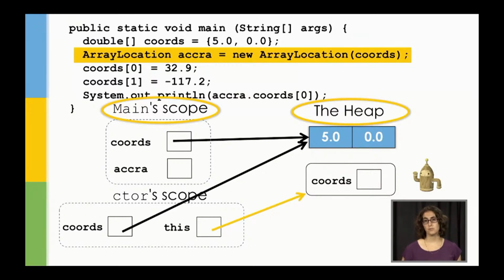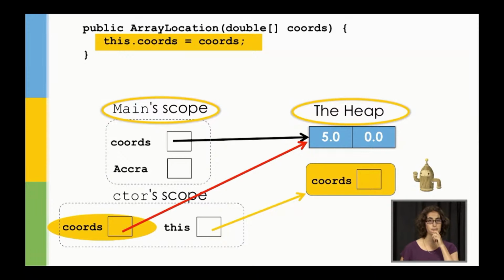And now let's figure out what's happening when we actually execute the code in the array location constructor and try to initialize the variables in the object that we've created. So the one line of code in that constructor is an assignment, this.coords equals coords. So what we're trying to do is assign the value on the right-hand side to the thing on the left-hand side.